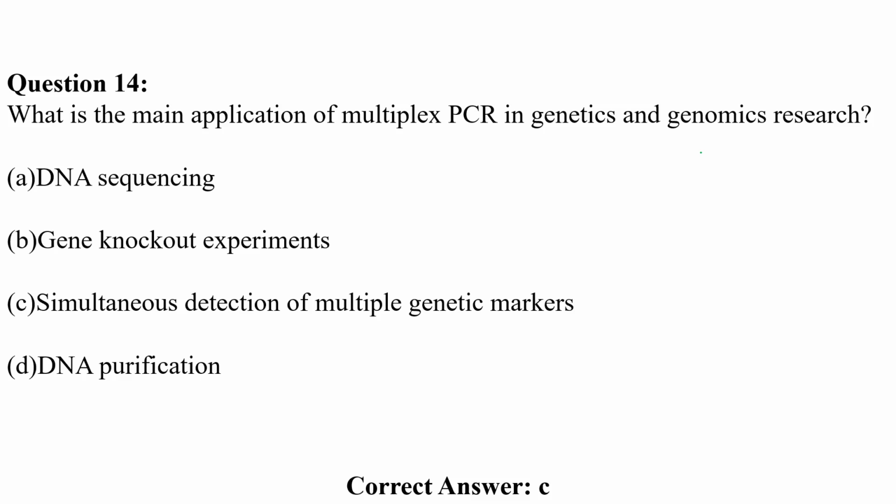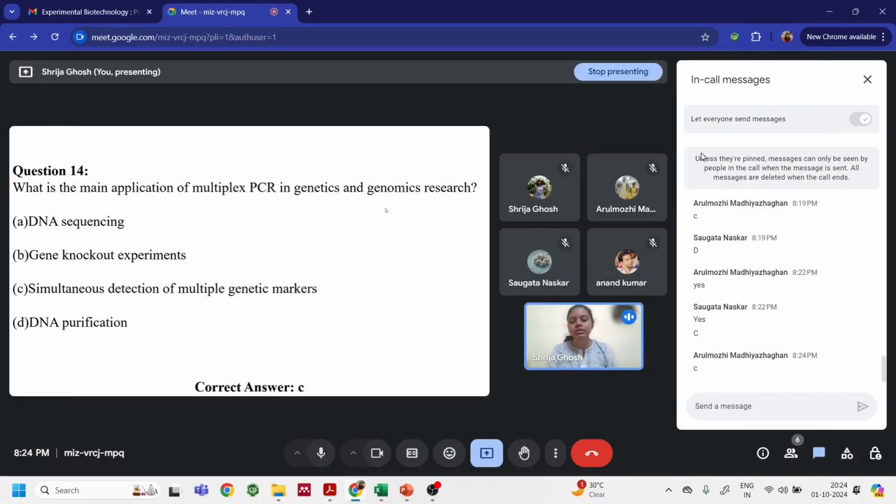We can add all the separate primers, and in one reaction, in one go, all the genes will be amplified. So that is multiplex PCR. Option C is the correct answer, simultaneous detection of multiple genetic markers. It is possible by using multiplex PCR.